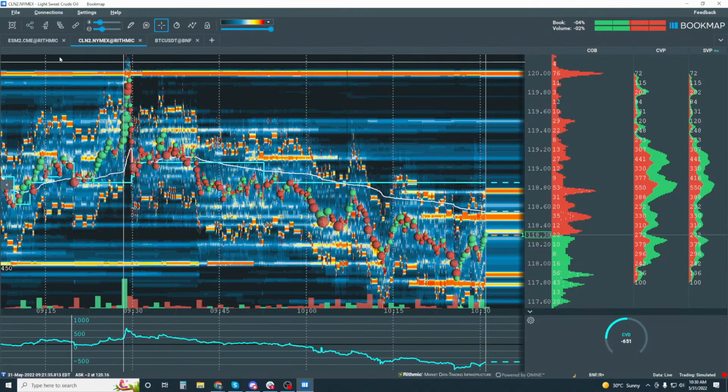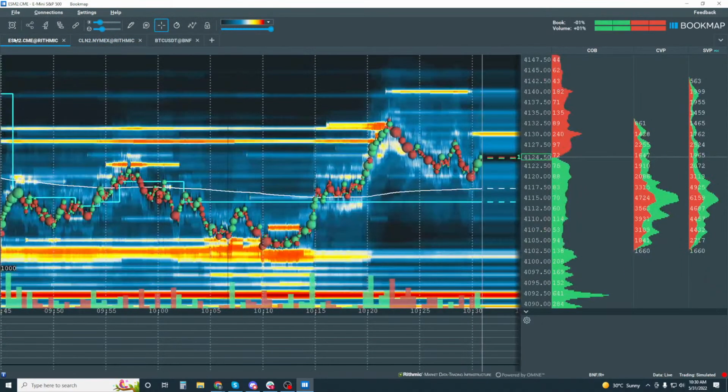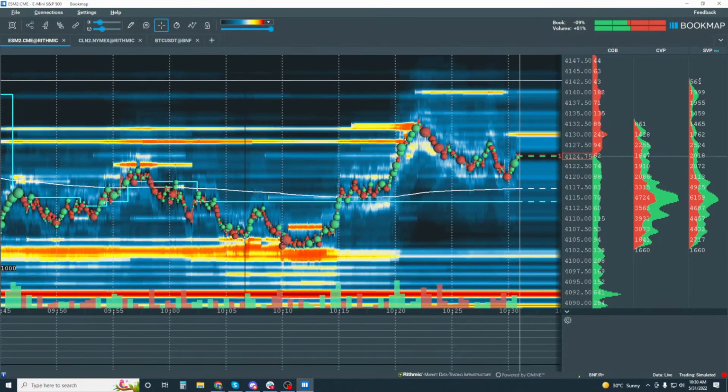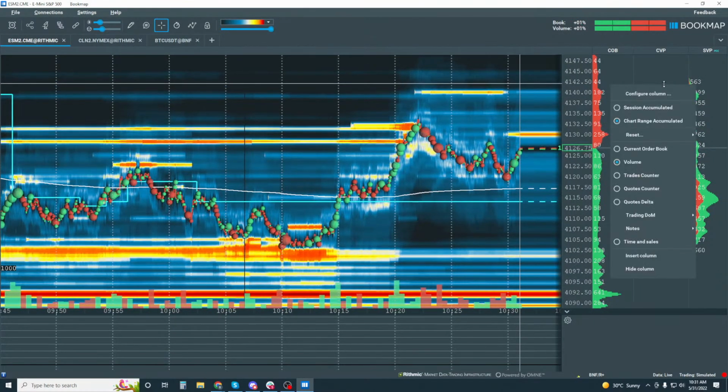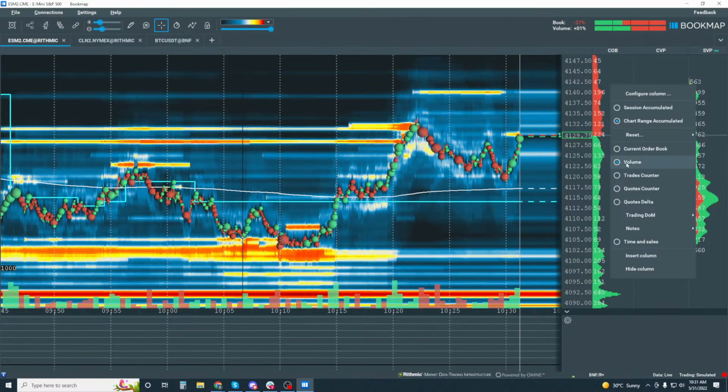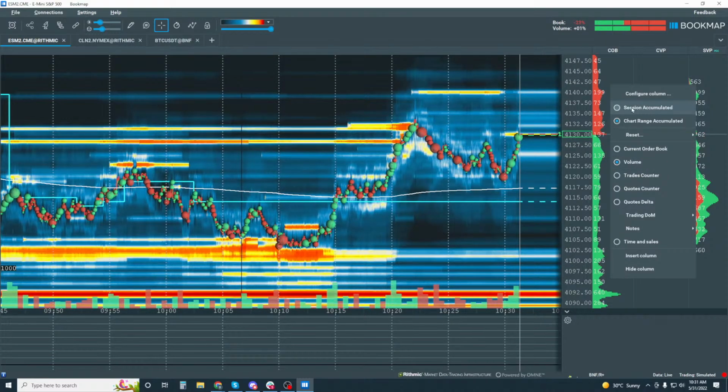Corwin, where do you get your point of control? Yeah, I can show you that. That's really easy. So open up one of the columns here. You can right click in a column and then insert a new column here. Okay, and then once you've done that, you're going to have to right click in that new column, and then make it, for here, select volume column, and then you're going to have to right click one more time, and then select session volume profile.